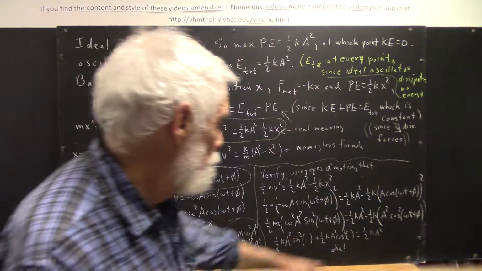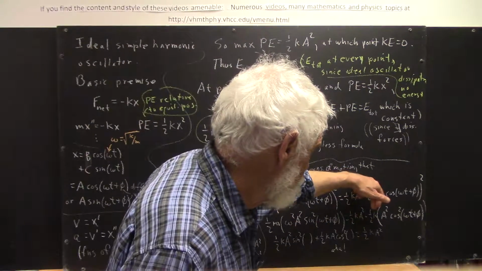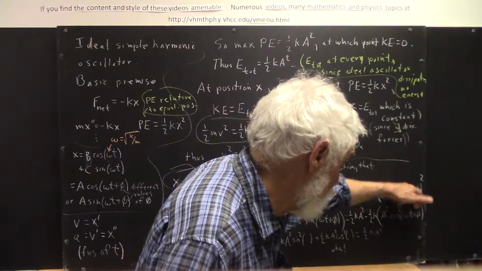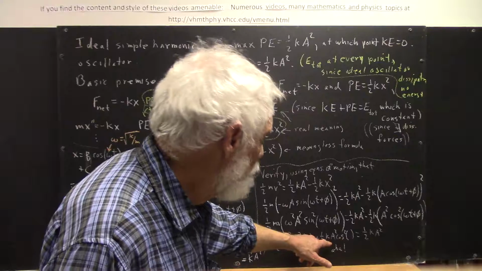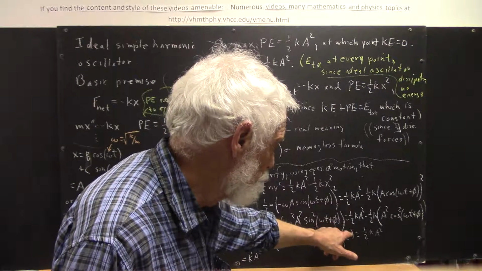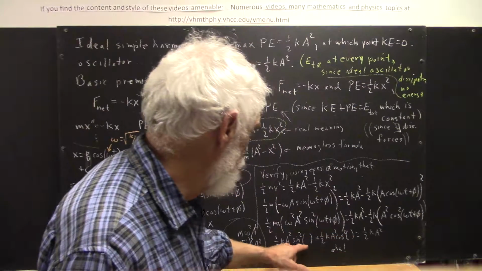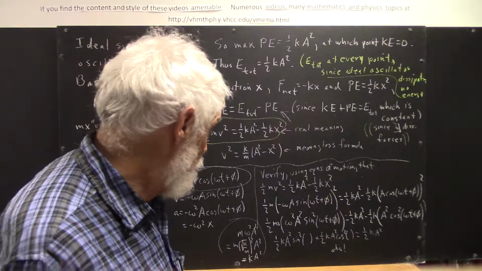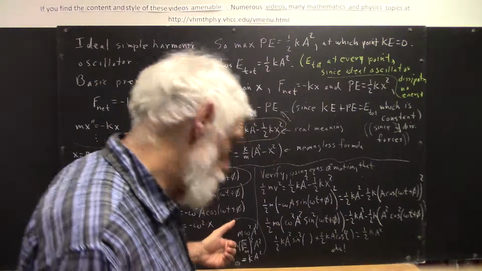Okay? And then we add this term to both sides. And of course this term is 1/2 k a squared cosine squared omega t plus phi. Adding it to both sides, we get plus 1/2 k a squared times the cosine squared of omega t plus phi. Same argument in the cosine as the sine, and same coefficient, 1/2 k a squared, so we factor out 1/2 k a squared.